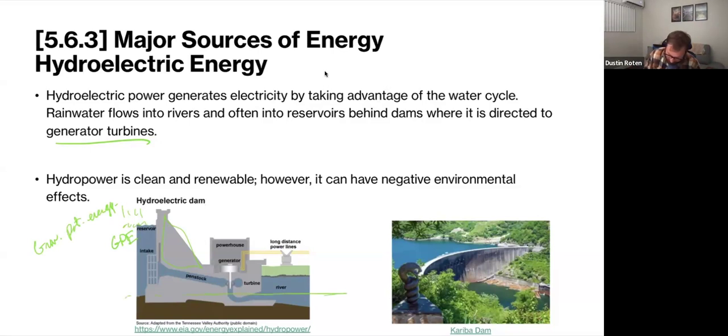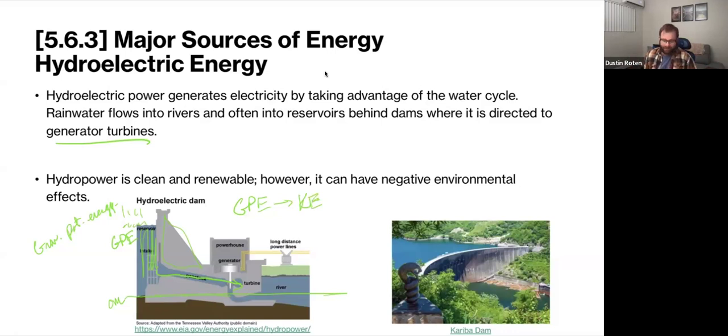So if this is our origin, you can see that it's elevated, it has gravitational potential energy. What we can do is we can force that downward. Now, you'll remember that anything with a GPE, gravitational potential energy, you can turn that into kinetic energy if you drop it or bring it down in height.